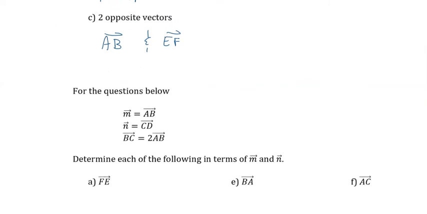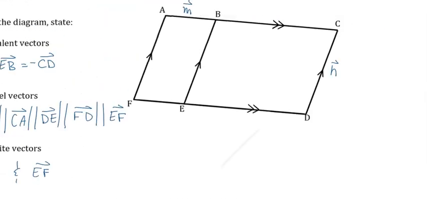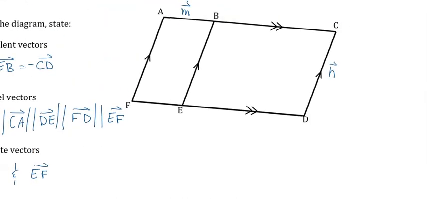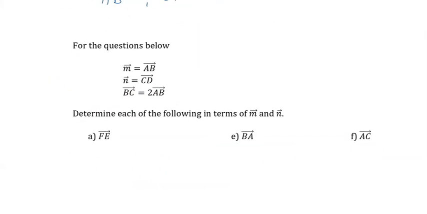What about A to C? Three M. And again, you wouldn't have to show this in steps, but this is like A to B plus B to C, which is M plus 2M, which is 3M.